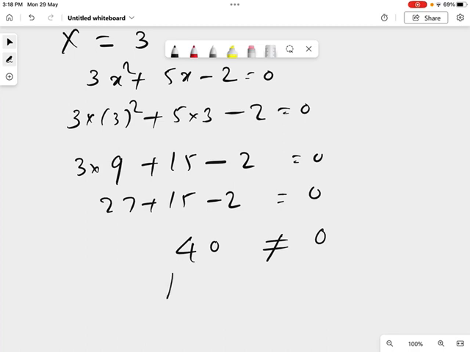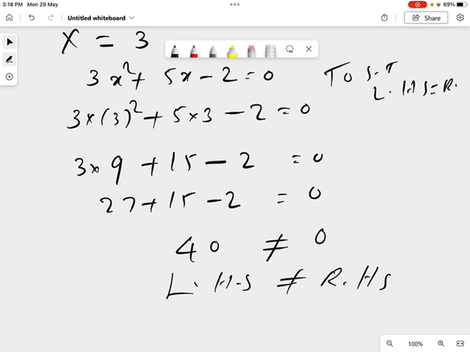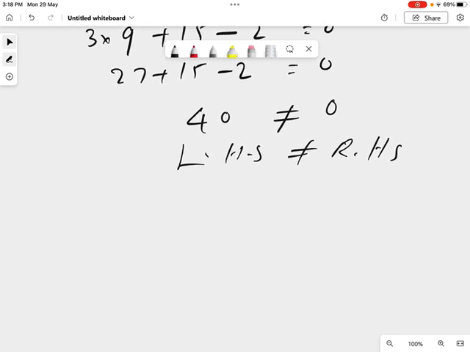So LHS is not equal to RHS. So x is equal to 3 is not a solution.